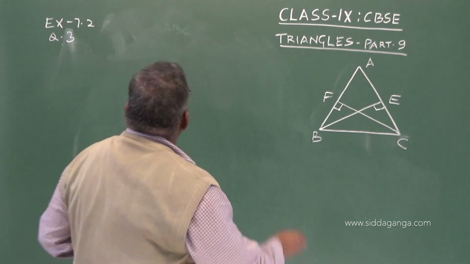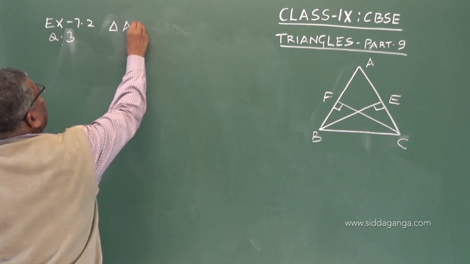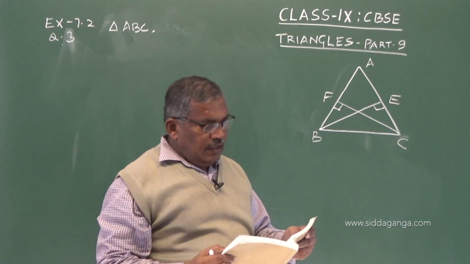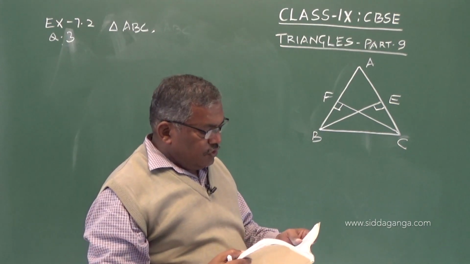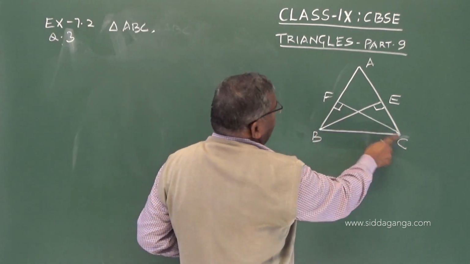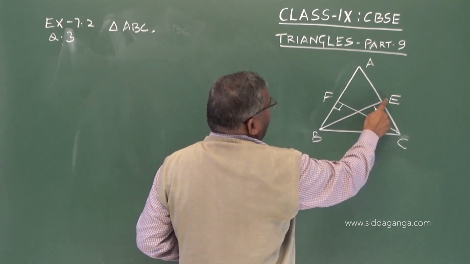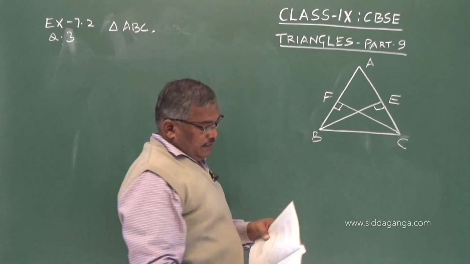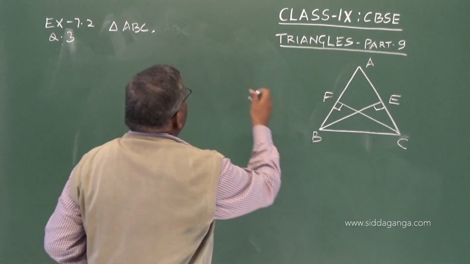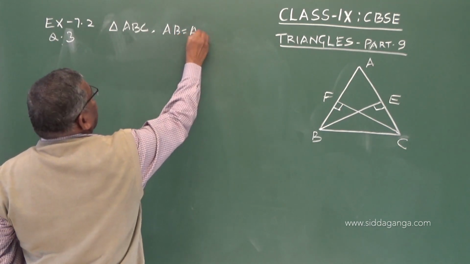ABC is an isosceles triangle, in which altitudes BE and CF are drawn. That means CF is perpendicular to AB and BE is perpendicular to AC. Equal sides AC, AB. So it is given AB equals AC.